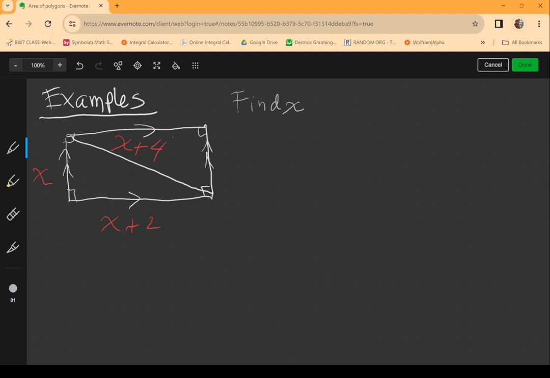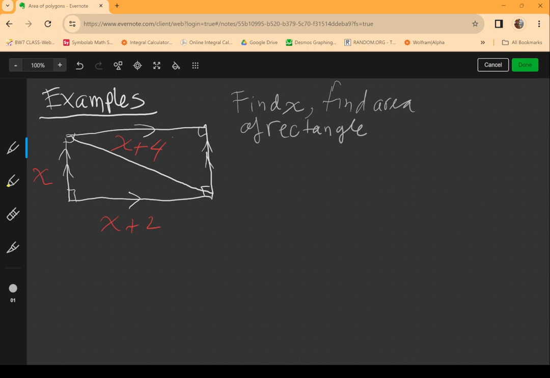So I know if I have a right triangle here, then I can find x, and then let's also find the area of the rectangle. So I'm going to use first the Pythagorean theorem to find the value for x.